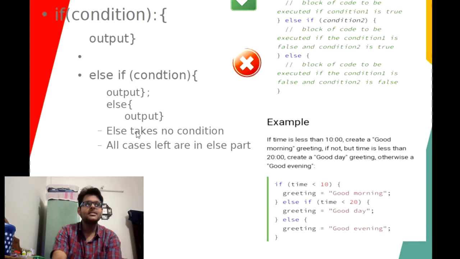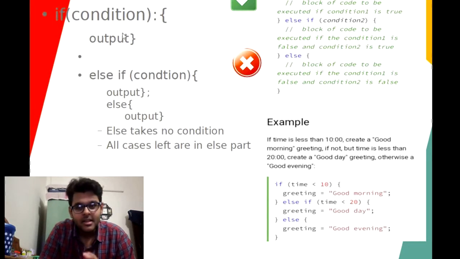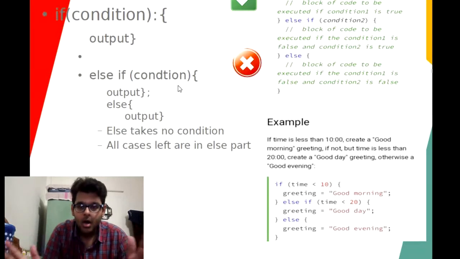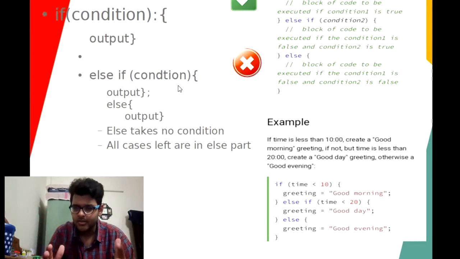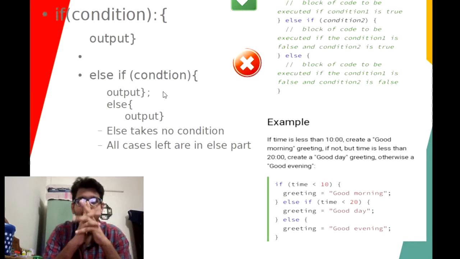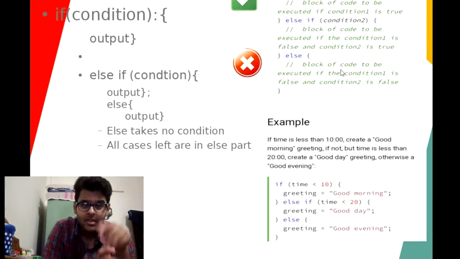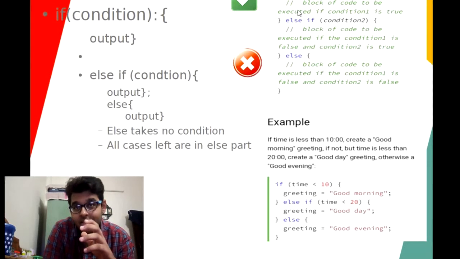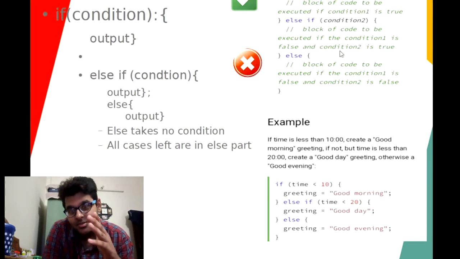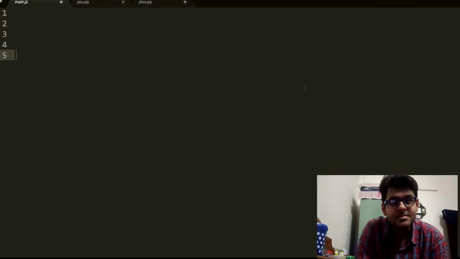What is the meaning of else? If the if condition is false and the else if condition is false, all of the remaining cases are in our else statement. So else is the block of code to be executed if the first conditions are false. So now checking our coding session.